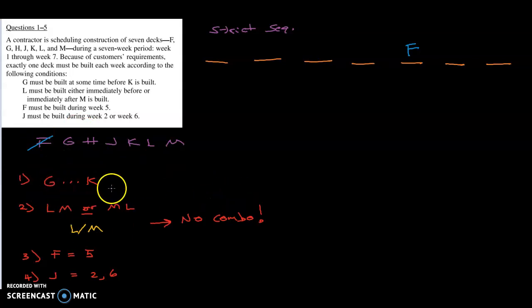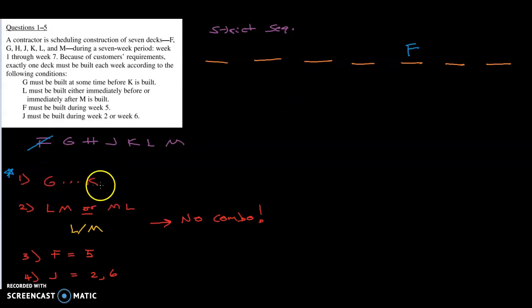Okay, now, G before K. There's not a lot that we can do here, but remember, whenever you have a block of stuff put in a sequence, you can make a deduction about where things could not be. So for example, let's think about where K could not be. Well, if I know that I have to have G to the left of K, this right here, this is so common on the LSATs.